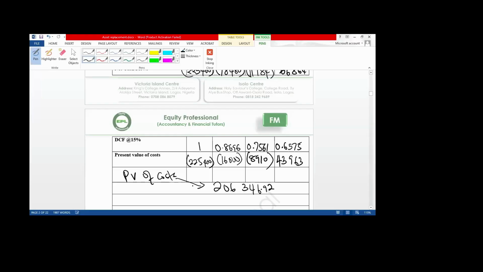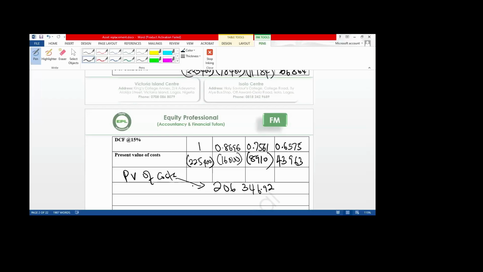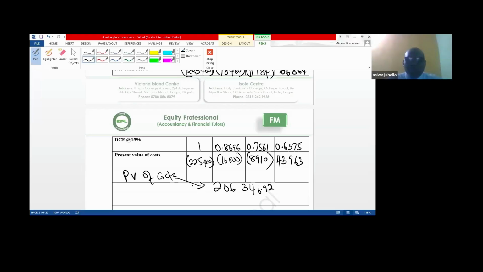So, 16,070.208. That's approximately 16,070, not 16,000. 18,480 multiplied by 0.8696.